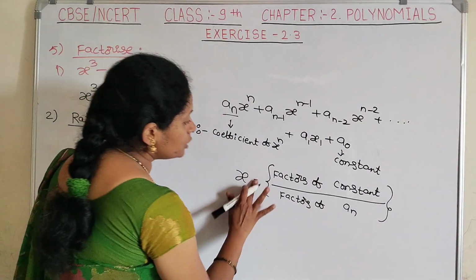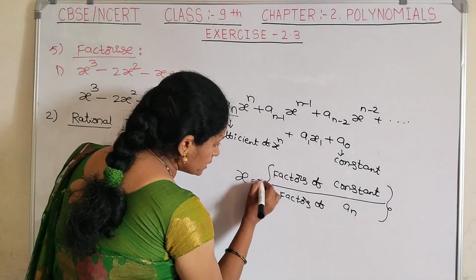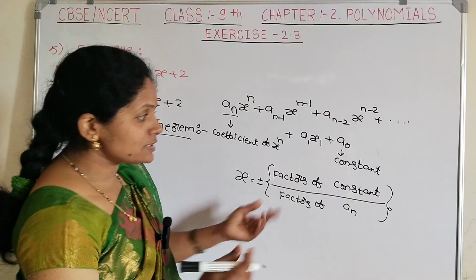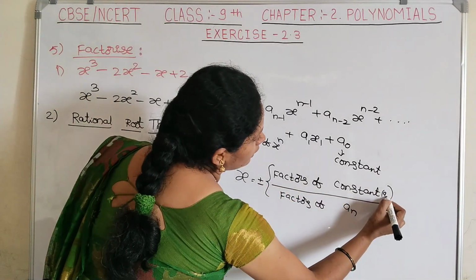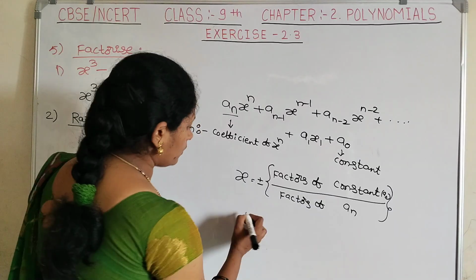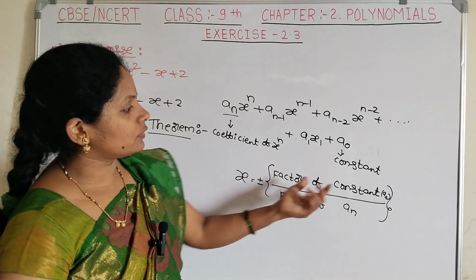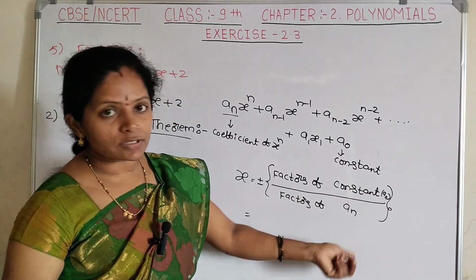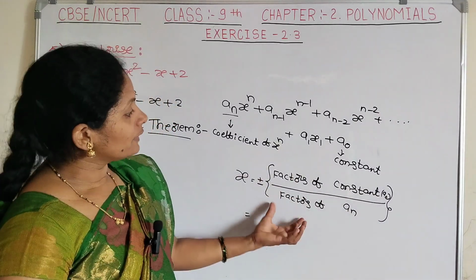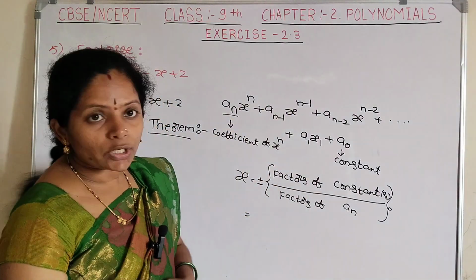Factors of the constant means a0. So x equals factors of a0 divided by factors of an. This is the rational root theorem.